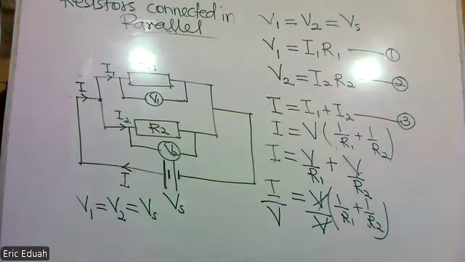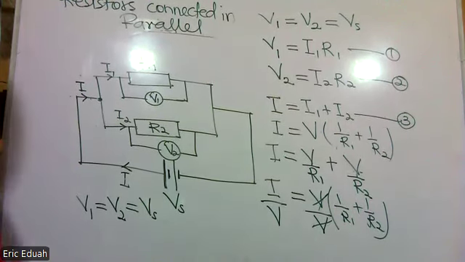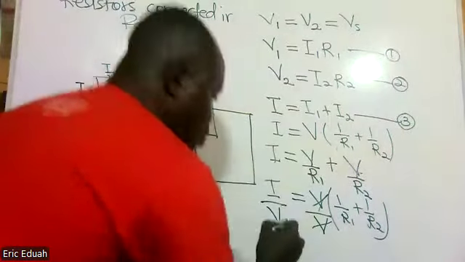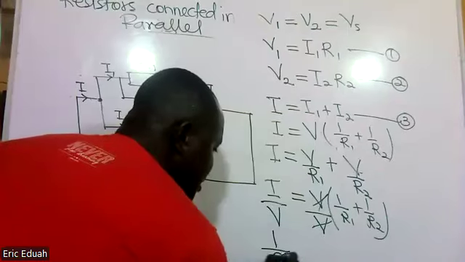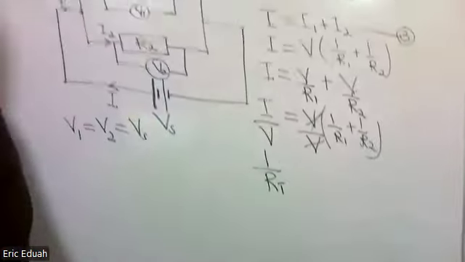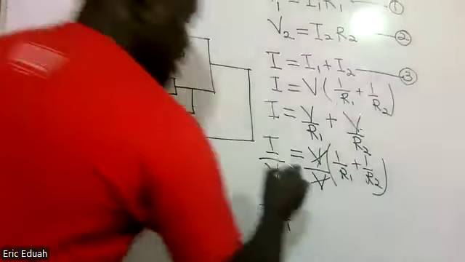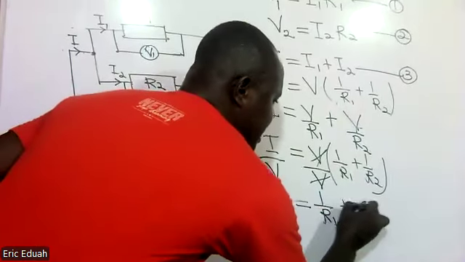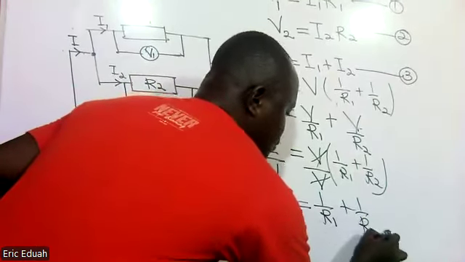What is I over V? Class, what will be I over V? 1 on R. So this is equal to 1 over the total resistance, or the equivalent or effective resistance, is equal to 1 on R1 plus 1 on R2.